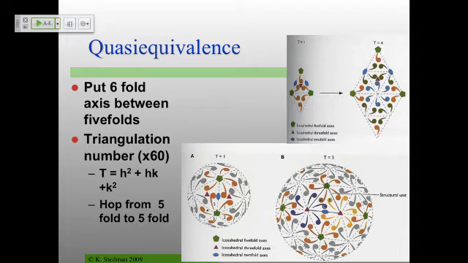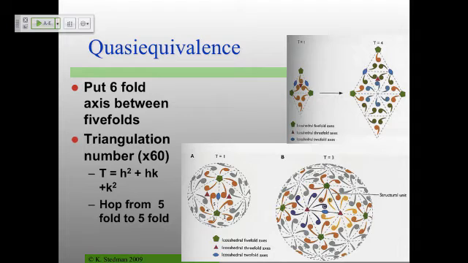Okay, that's pretty straightforward. Now, let's move to a slightly more difficult one. This is now our T equals 3 icosahedron, the soccer ball equivalent, also known as the buckyball. So you may have heard about these. Icosahedrally symmetric Buckminsterfullerene is another way of thinking about it. You start out here at a 5-fold axis of symmetry. To get to this other 5-fold axis of symmetry, you need to make one hop here.